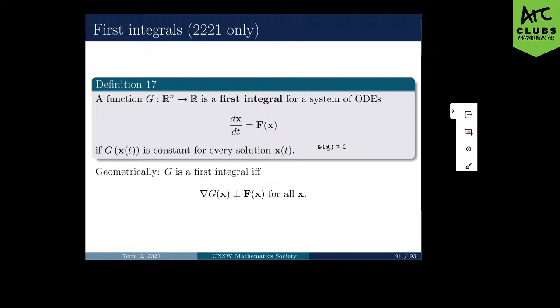c. And so if we differentiate this with respect to t, then we should get the gradient of g of x dotted with x prime of t equals 0, because if we differentiate a constant, we get 0.